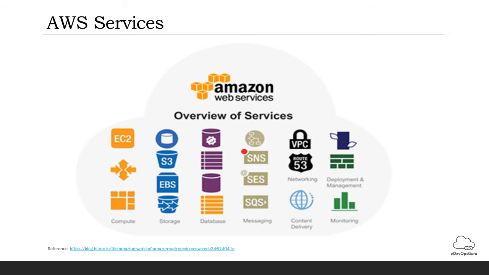Then next service is the CDN, the content delivery network, which is also known as CloudFront. It retrieves data from an Amazon S3 bucket and distributes it to multiple data center locations, through a network of data centers called edge locations.